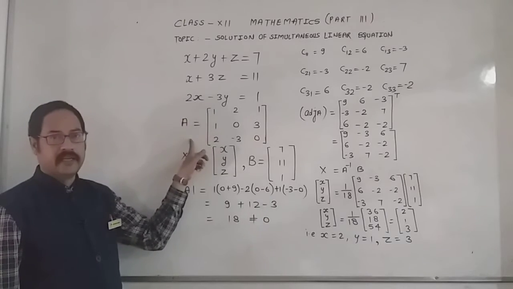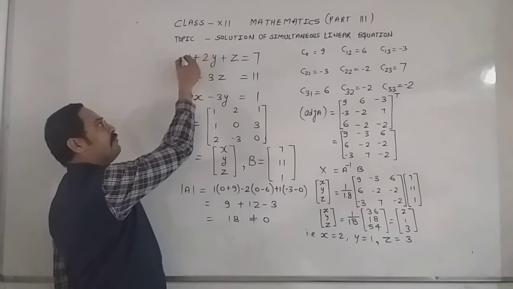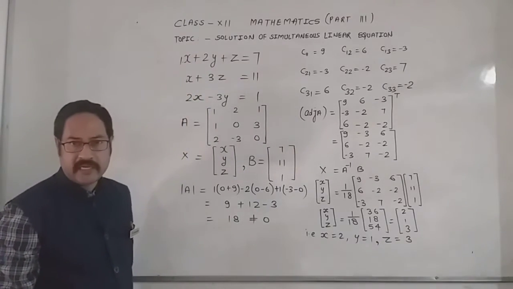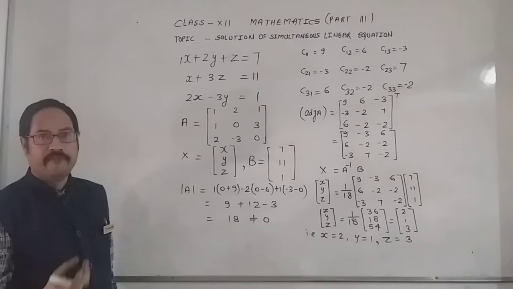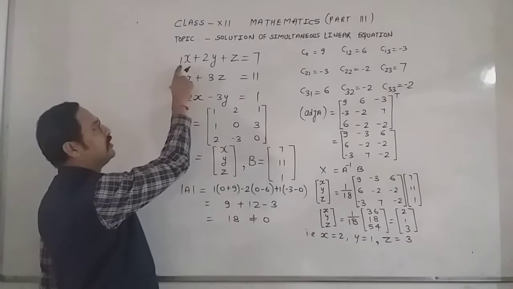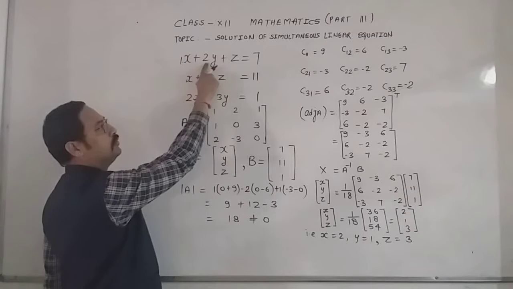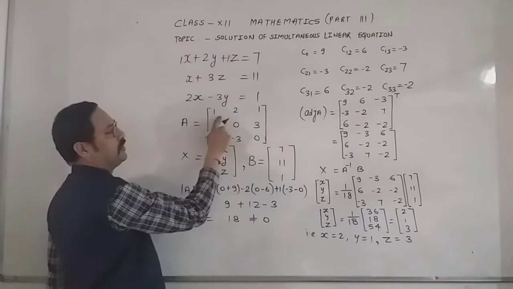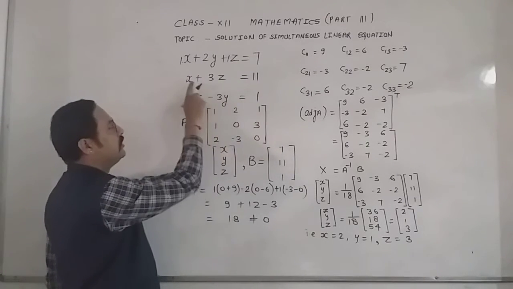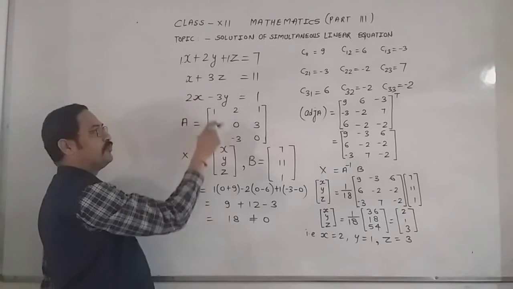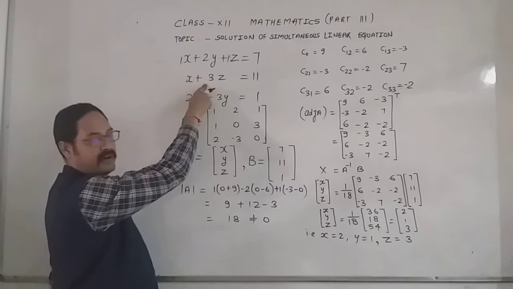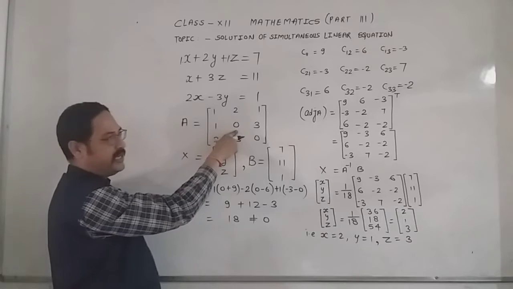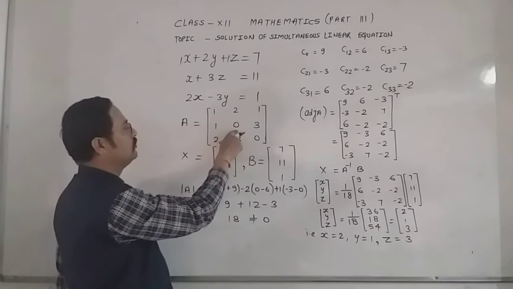Now what is A? The coefficient matrix of A. I have already told you that the coefficient matrix of variables is called matrix A. That is 1, 2 and 1. Here the coefficient of x is 1, but we have no value of y, so we can write over here the value of y is 0.